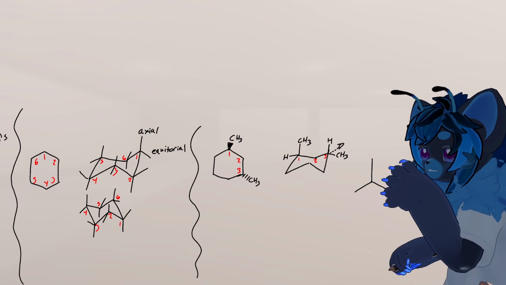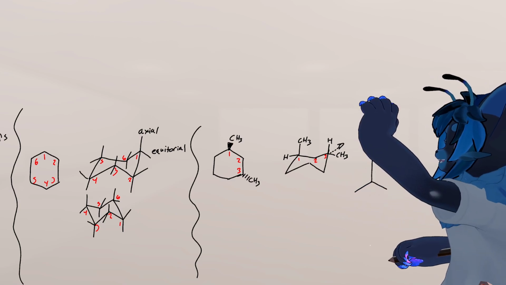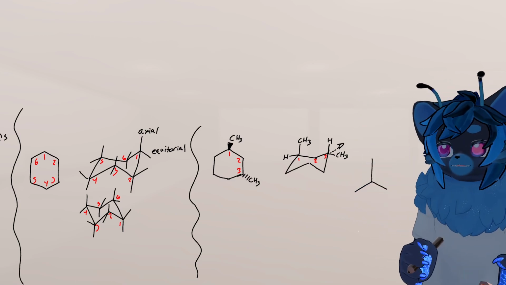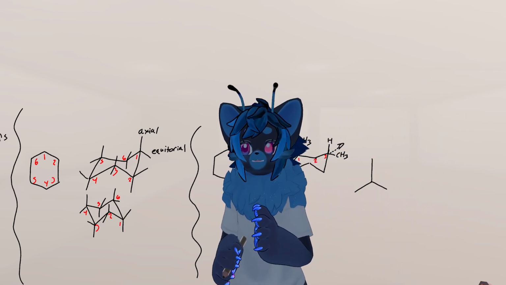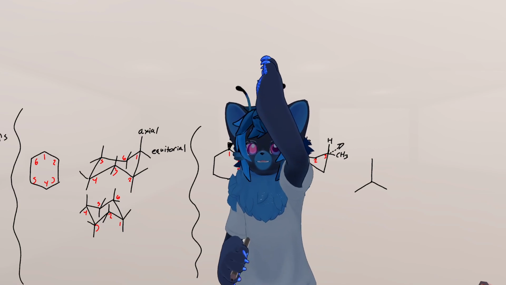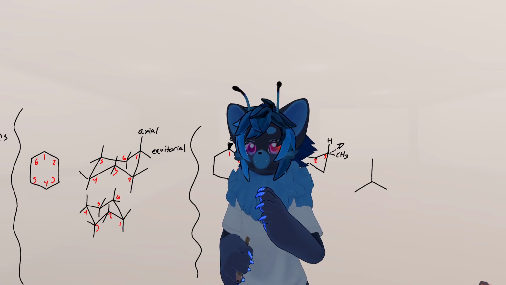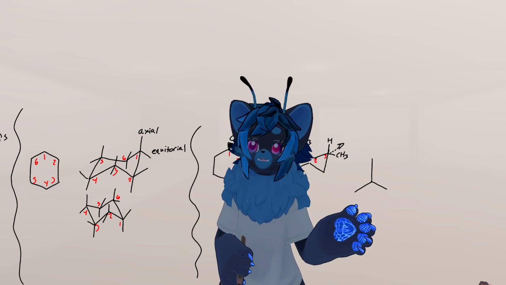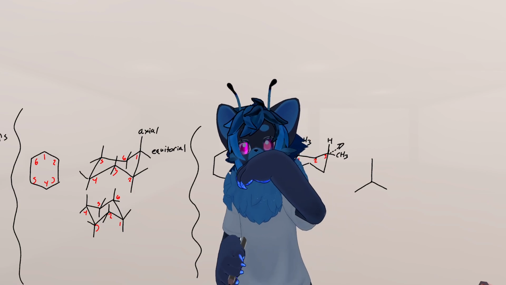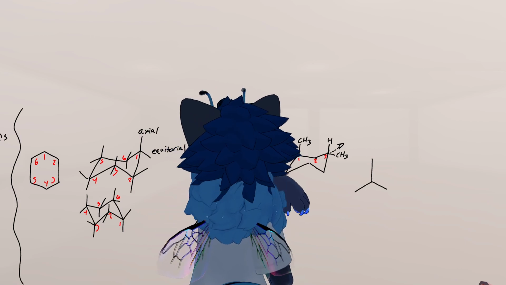So if I'm looking down this bond, and my hydrogen is pointing up, and my methyl is facing down, if I were to face the camera with the bond line between us, hydrogen has to be pointing up, and because of the ring, our methyl has to be pointing away from the ring. So it has to be pointing to, I guess, your right.